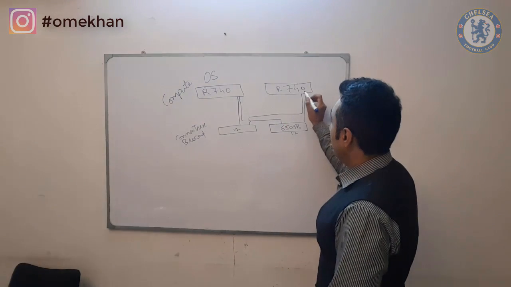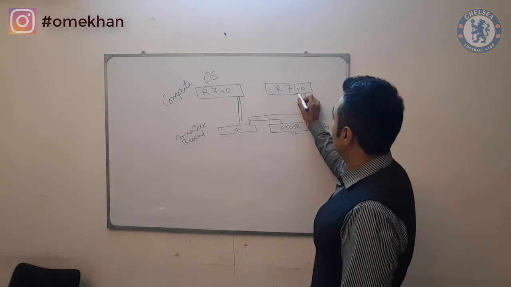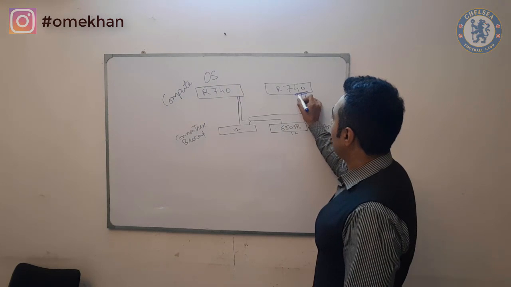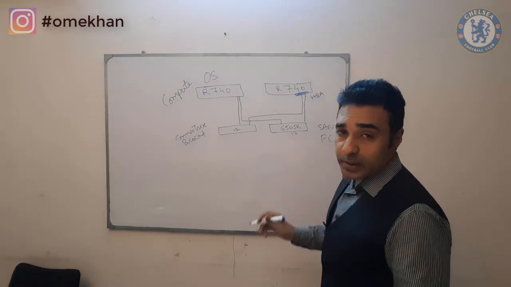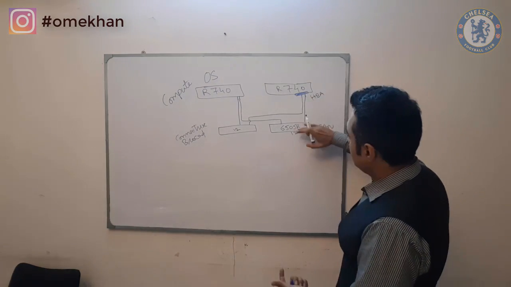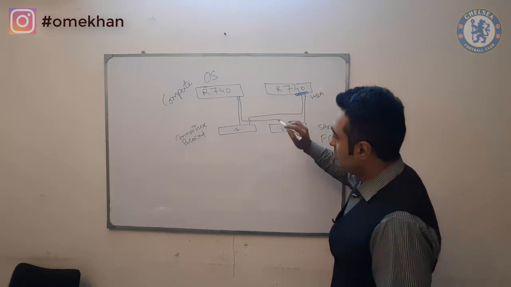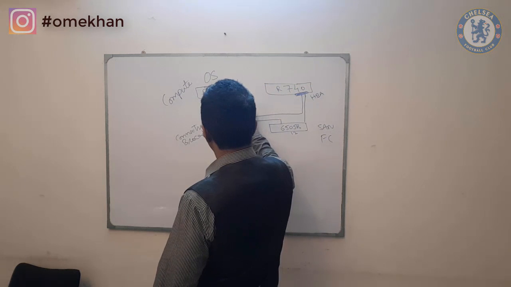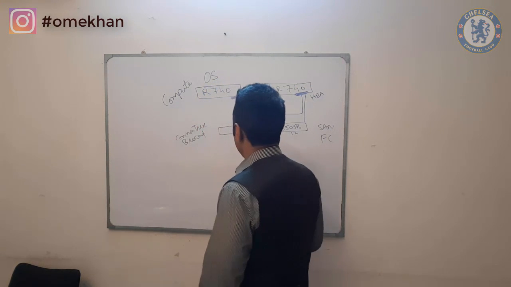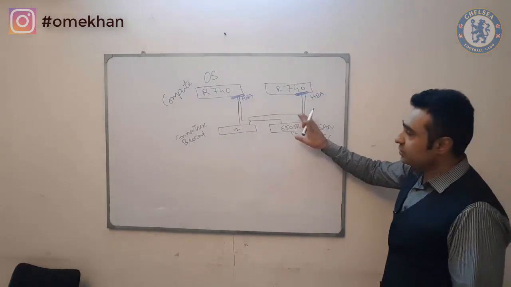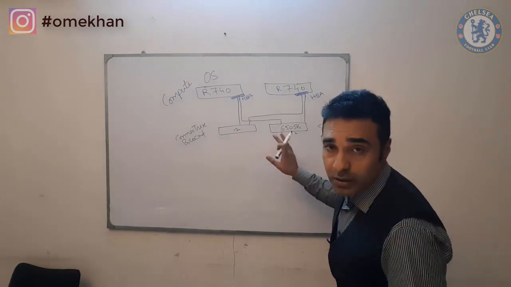But for installing this, you need a specialized type of card here, which is called an HBA, host bus adapter, which will connect this SAN switch to the server. And here as well you need the same card, HBA, host bus adapter. It comes with 2 ports each, so you can use both ports for a redundant network.